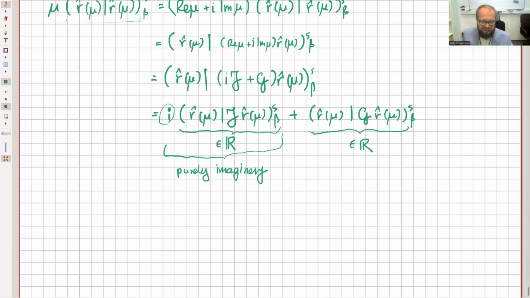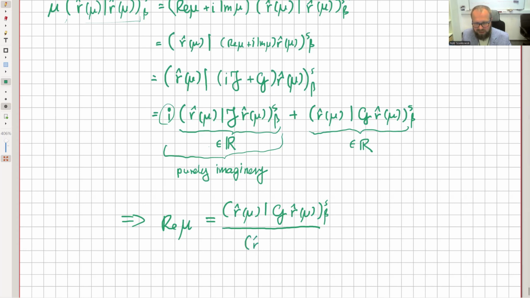Therefore, you get from here that the real part of the eigenvalue mu equals r_mu G r_mu as beta. Well, in case we did not normalize the eigenvector, we just divide by the norm.